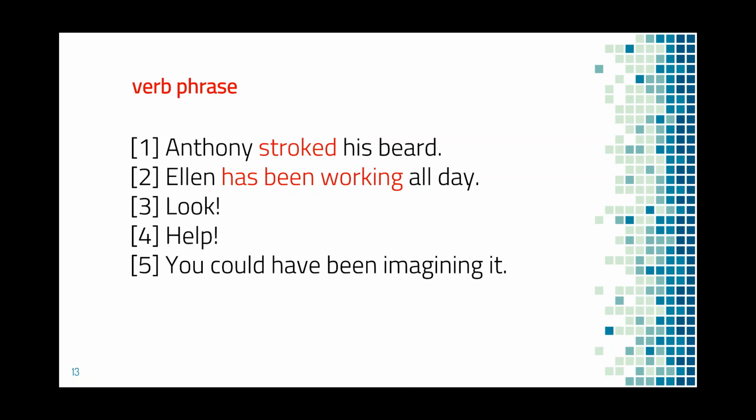And there is one important thing you need to keep in mind when it comes to verb phrases. Verb phrases are the most important phrases in sentences, for the reason that we can contract a whole sentence into a verb phrase or just a verb. Look at examples number 3 and 4.